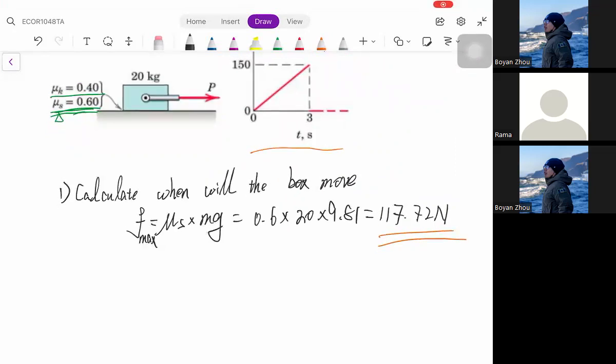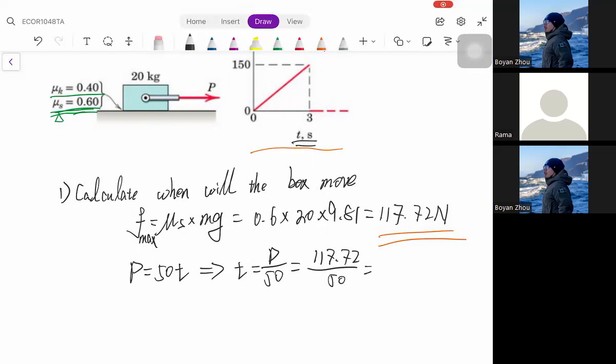So now we can calculate at what moment we can actually arrive at this amount of force. From the graph, we know the pulling force P is equal to 50 times T, and T will be equal to P over 50. Now we want P to be equal to the maximum friction, so 117.72 over 50.